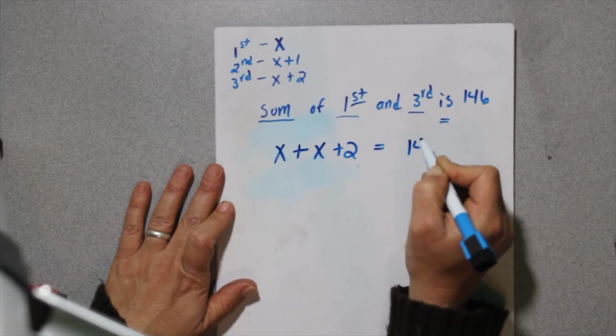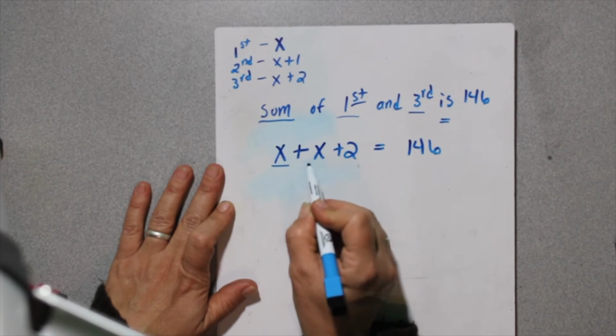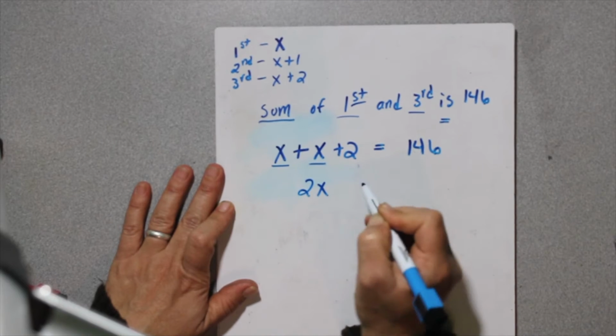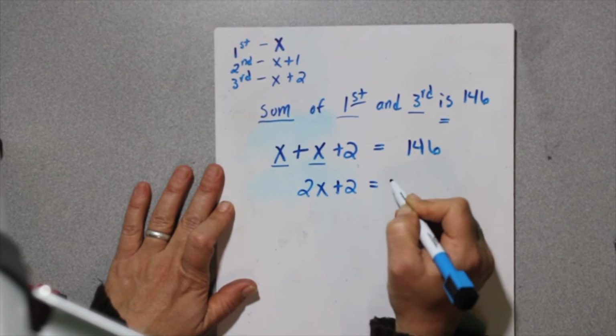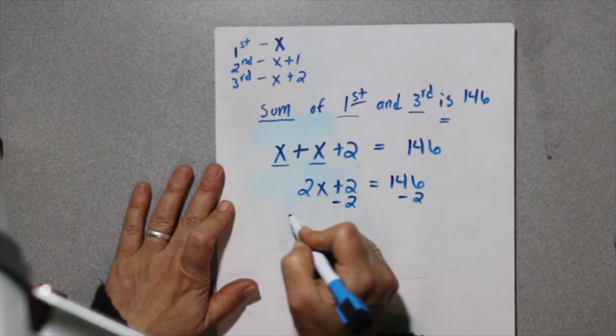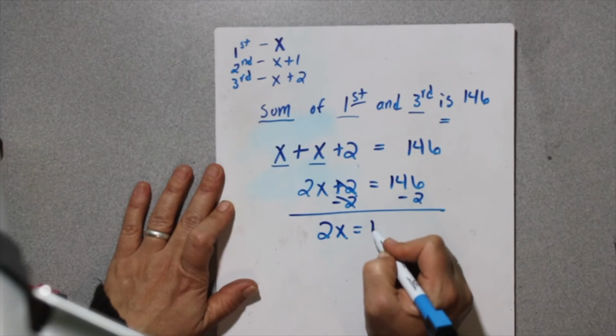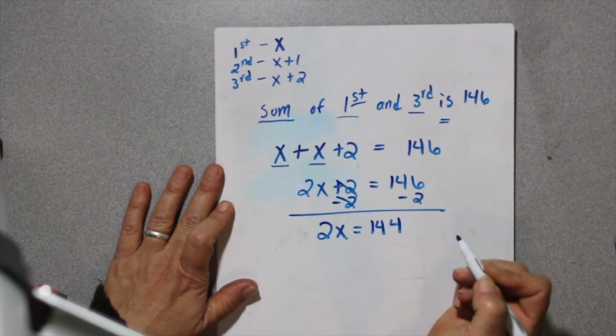equals 146. Okay, so now we're going to combine like terms. X plus x is 2x plus 2 equals 146. Then we're going to subtract 2 on both sides. And we get 2x equals 144.